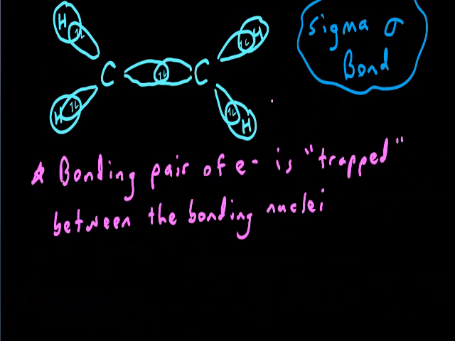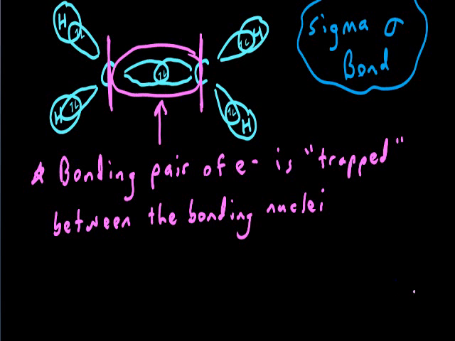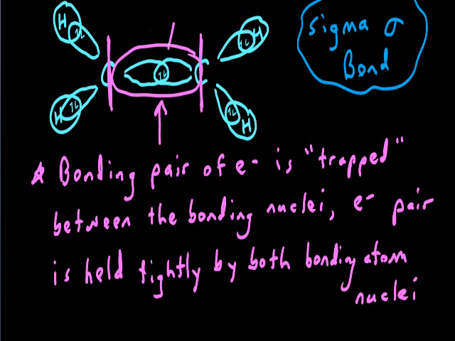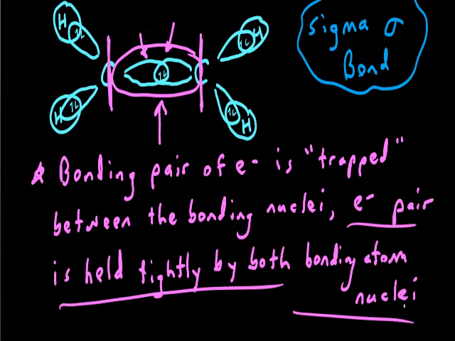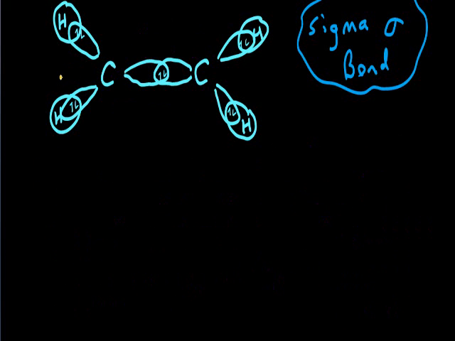Another reason a sigma bond is very strong is that the bonding pair of electrons is essentially trapped between the 2 nuclei. The 2 carbon atoms isolate this pair of electrons and hold those electrons exclusively between those 2 atoms. Since it's isolated between the 2 nuclei, that electron pair is held tightly by both bonding atom nuclei. So those are the 2 reasons that make a sigma bond fairly strong.